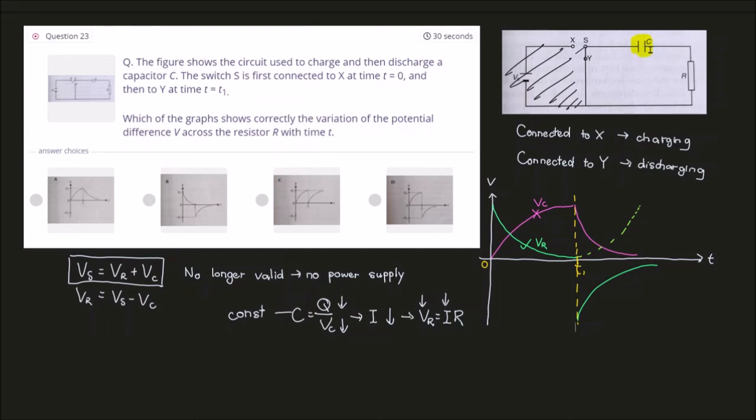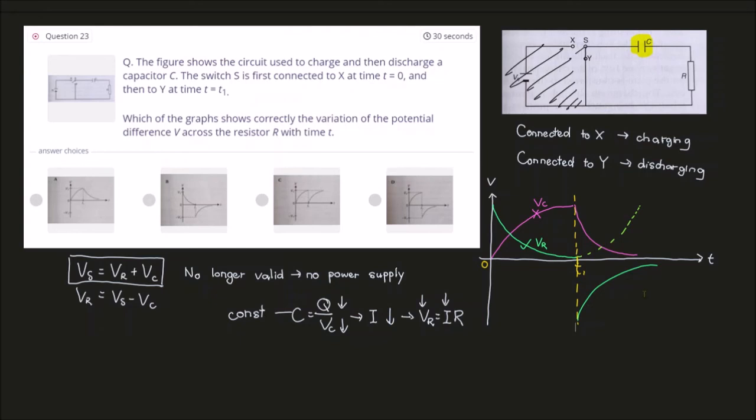So before, in the charging process, the positive charge is going downwards across the resistor. But now during the discharging process, the positive charge is moving upwards across the resistor. So there's a change in direction. Therefore, we flip the voltage towards the negative region.